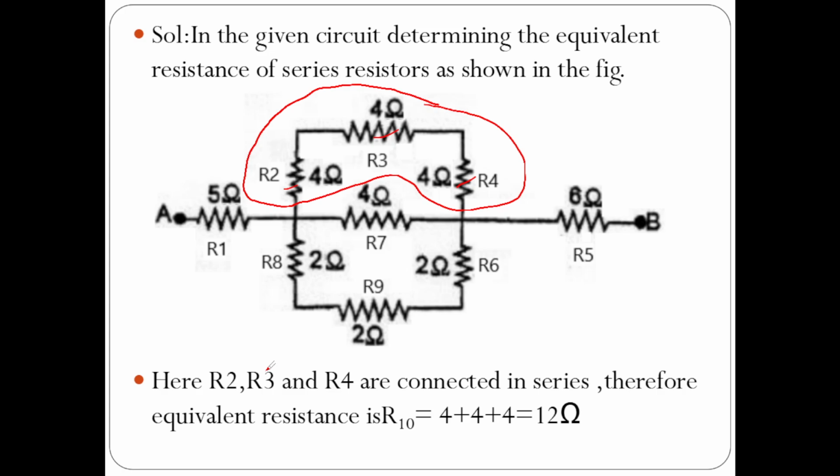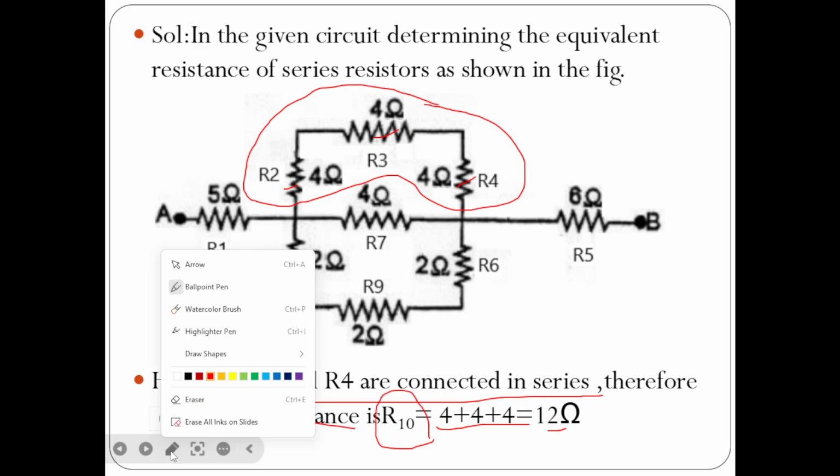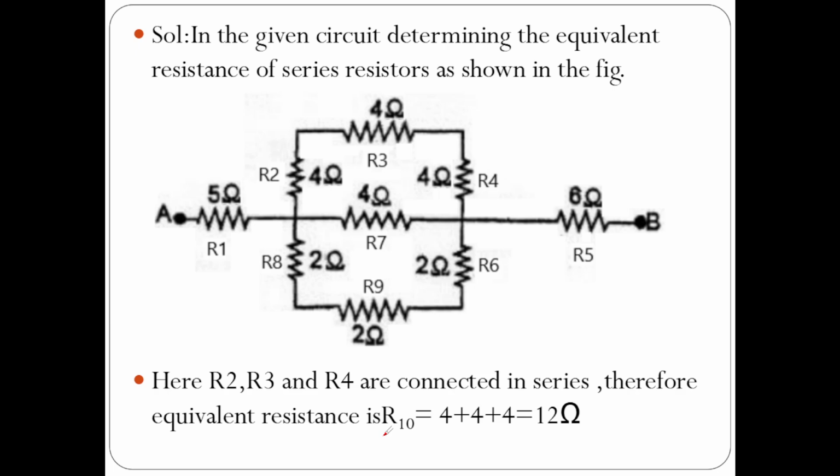Since these 3 resistors are connected in series, to determine their equivalent resistance, simply add the resistance values. 4 plus 4 plus 4, you will get 12 ohms. This is the equivalent resistance of these 3 elements, and I have given the notation R10. R10 is equal to 12 ohms.